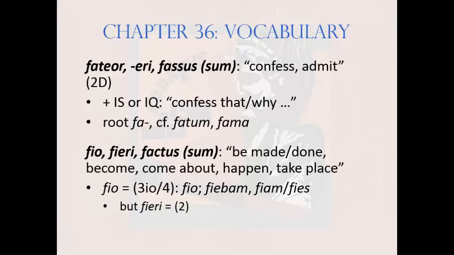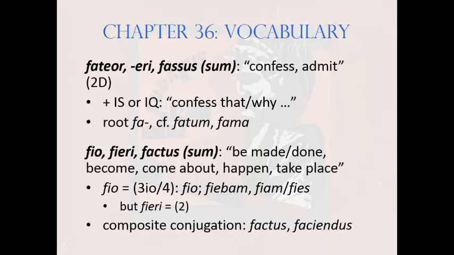But its infinitive fieri hints they were thinking second. A minor anomaly compared to fio's real oddities, its reverse deponent quality, active acting as passive, and its composite conjugation nature seen in its perfect participle factus and its gerundive faciendus. All in all, this is a verb you just have to memorize.